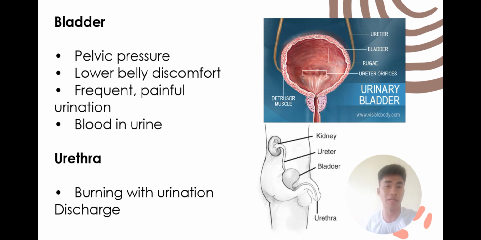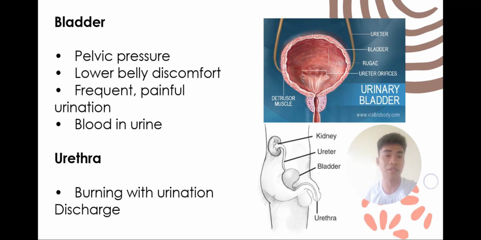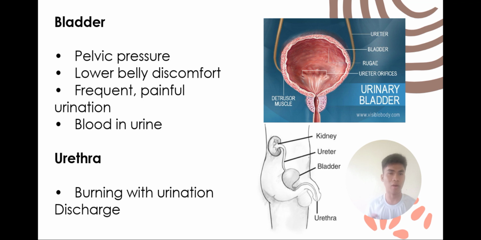So here in urethra, one of the symptoms if the urethra is affected by the UTI is the burning with urination discharge. So this is a common na symptoms nga ato ang ma-experience if maka-acquire ta ani nga sakit, ani nga UTI.